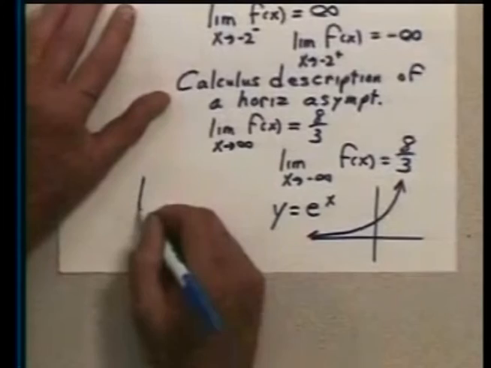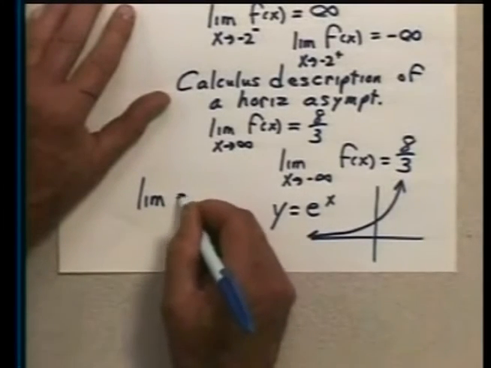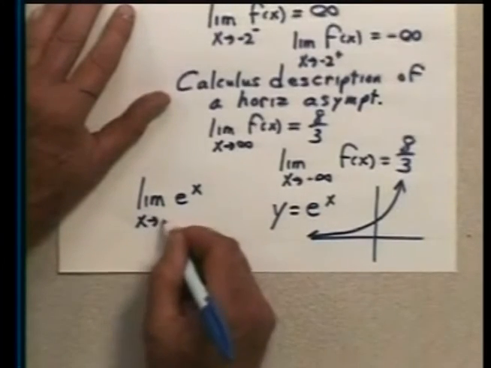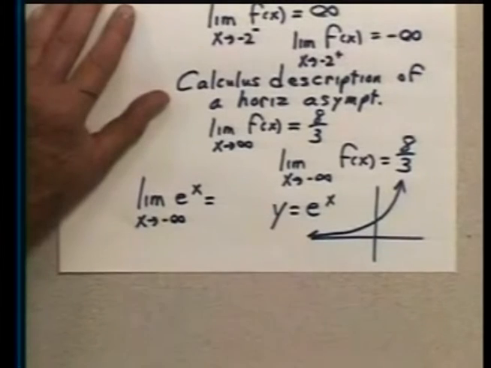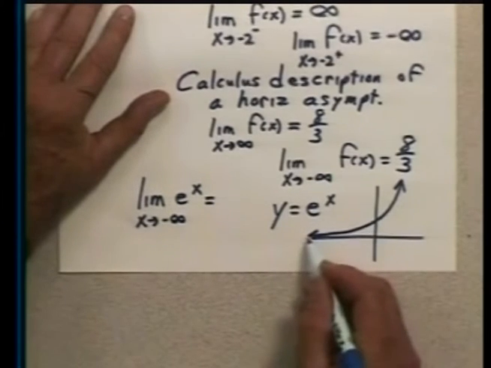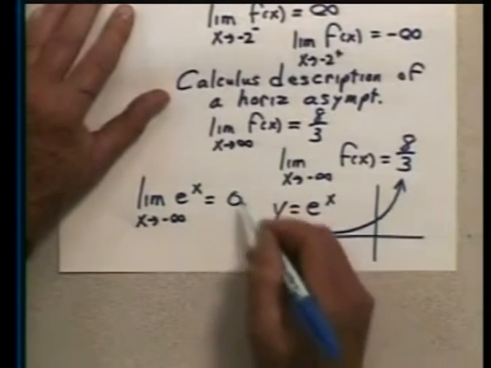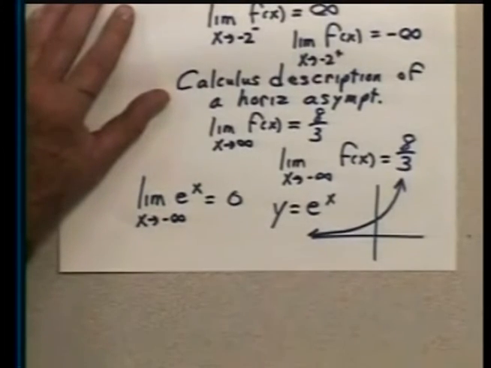So, if I said, what is the limit of e to the x as x approaches negative infinity, what would the answer be if I drew the graph correctly? Well, as you go to the far left, that's negative infinity, you're getting closer and closer to 0. The limit is 0.